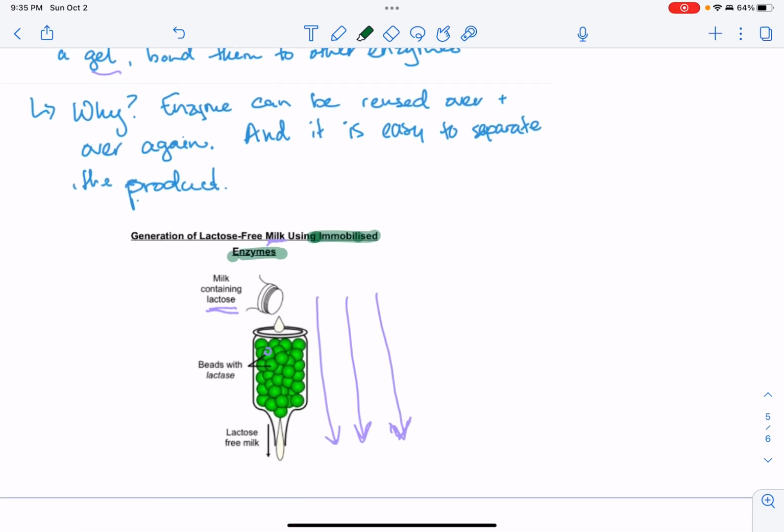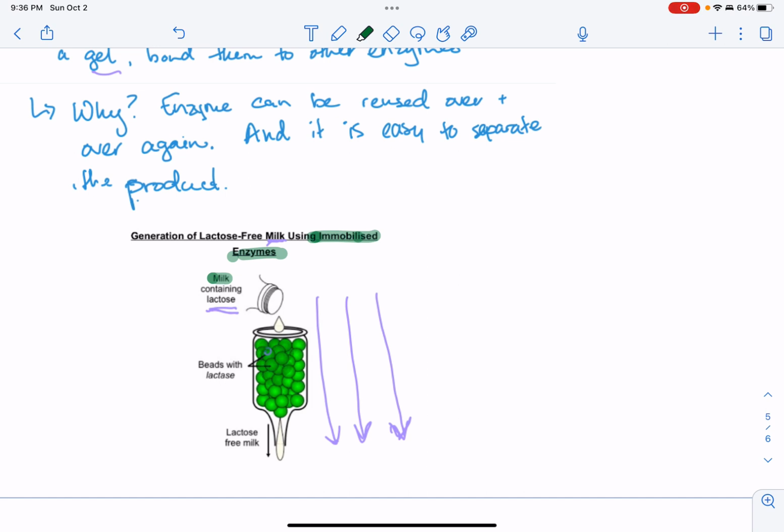What we will do is we will take the milk that contains lactose, and we will pour it through this filter, which has immobilized beads. Or I should say the lactase, which is going to break down the lactose. So the lactase enzymes are bound to these beads.